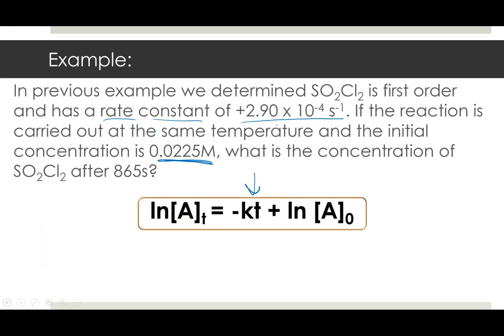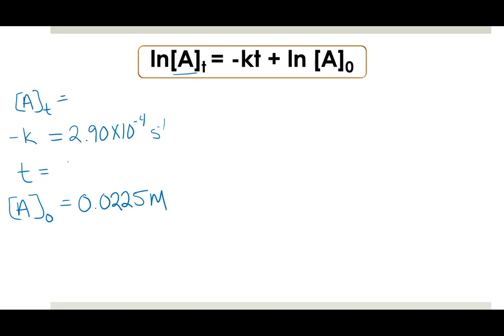What is the concentration after 865 seconds? So time in this case is 865 seconds, and we're trying to determine what the concentration is after those seconds go by. So we have all but one of the variables.